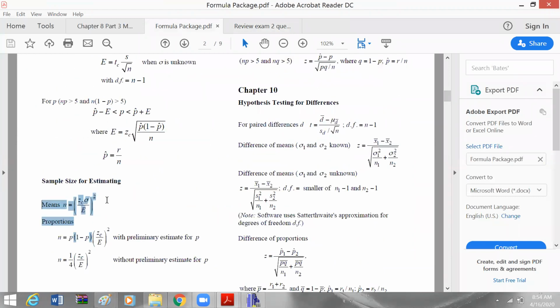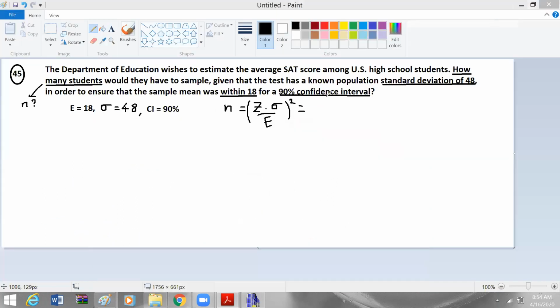So this is the sampling. The first one: n equals z times standard deviation over e, squared. The z is based upon the confidence interval, which is called the critical value. The critical value is based upon the confidence interval that we have. Let me write that a little better. So this one is over e, squared.